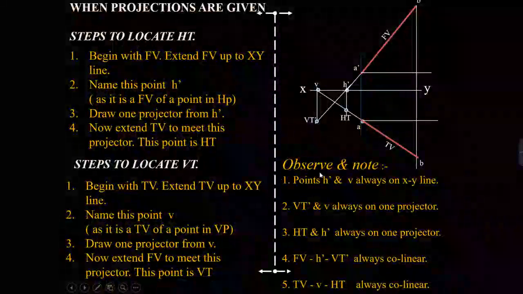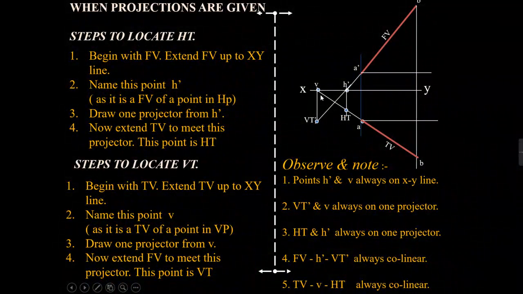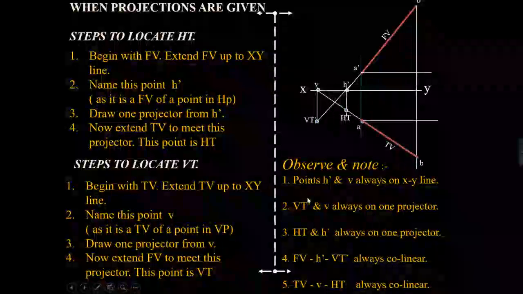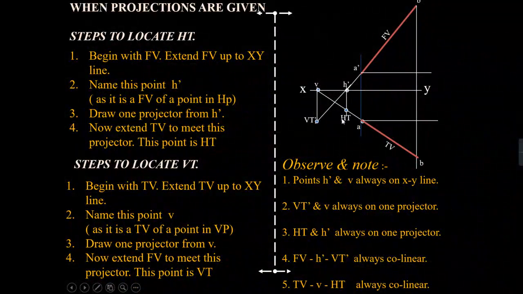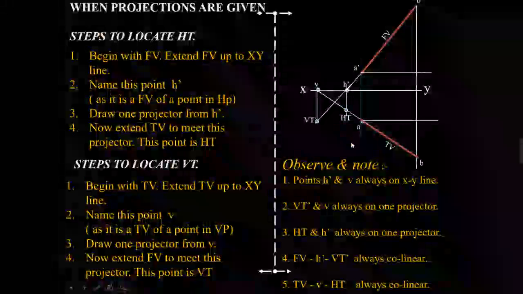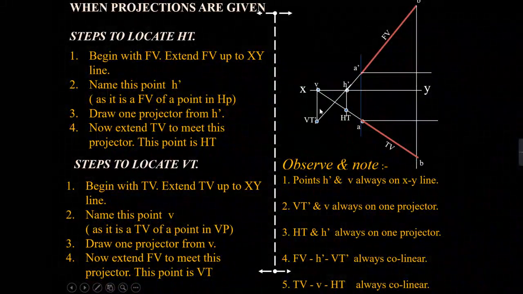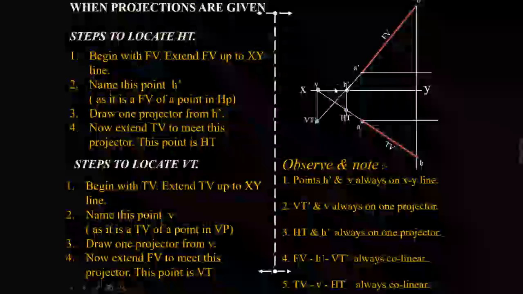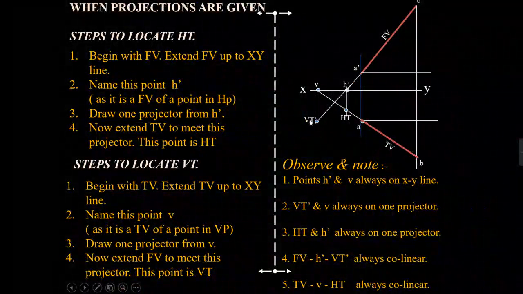So these are the observations: your points H dash and V are always on the XY line. Your vertical trace and V are on the same projector, your horizontal trace and H dash are on the same projector. Your front view, H dash and VT are on the same line.